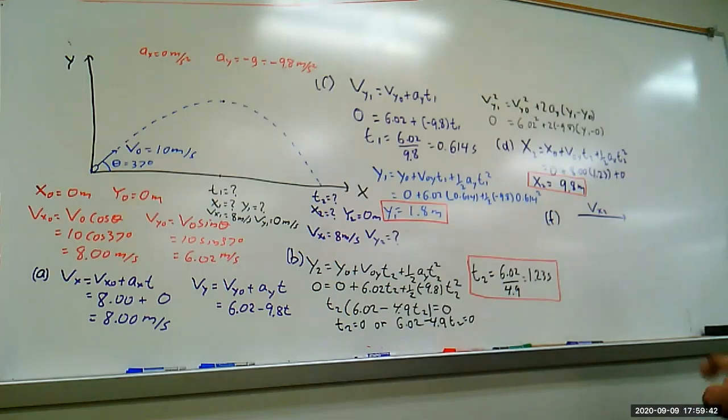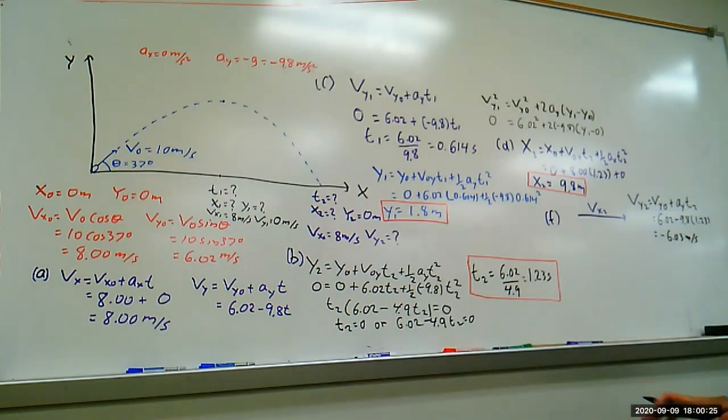We have Vy2 equals Vy0 plus Ay t2. So that's going to be 6.02 minus 9.8 times 1.23. And that comes out to be negative 6.03 meters per second.